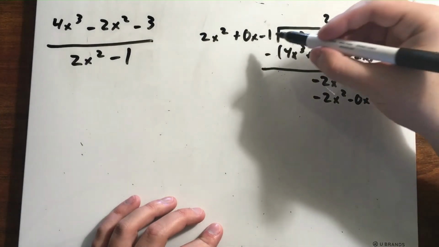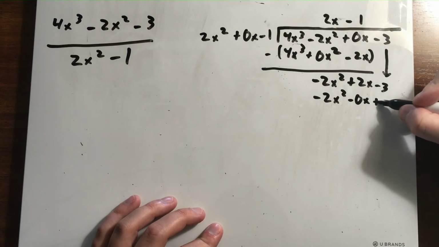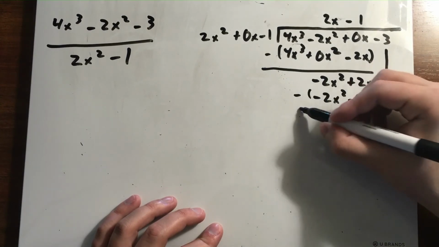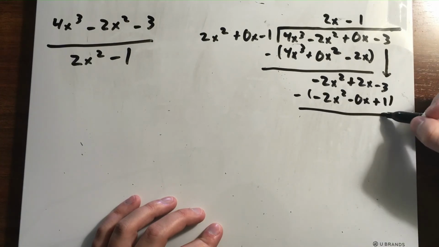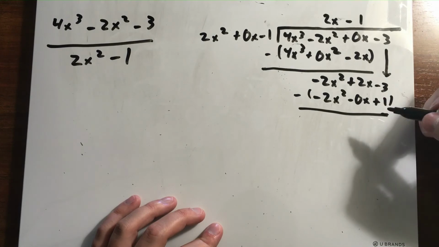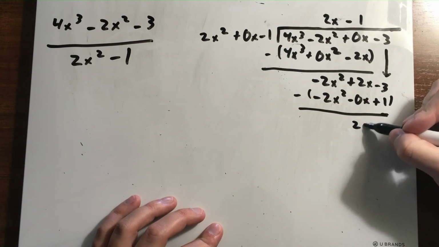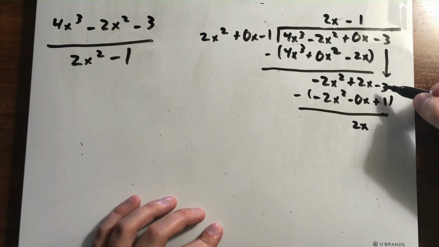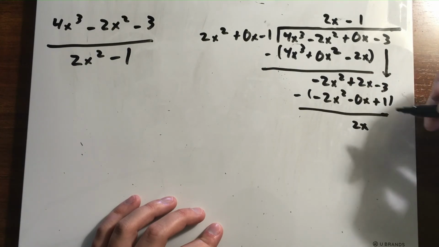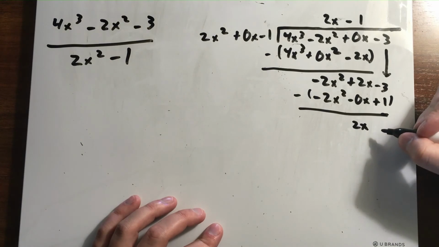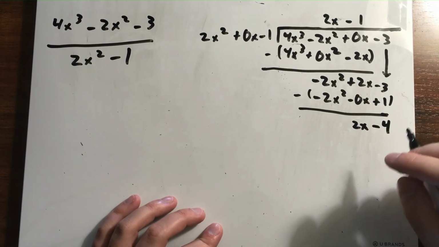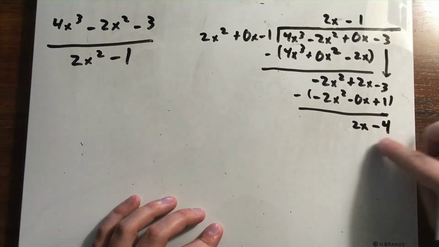Negative 1 times negative 1 is positive 1. We'll subtract all this. This will be 0. 2x minus negative 0x is 2x. Negative 3 minus 1 will be minus 4. So that's your remainder. So this is your answer, and here's your remainder.